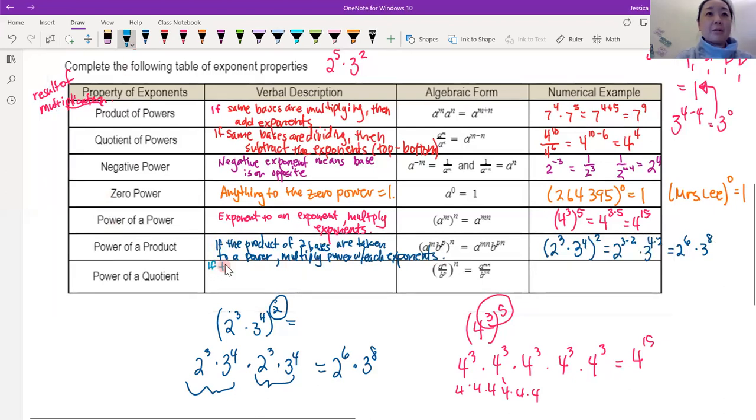So it's the same thing. If the quotient of 2 bases are taken to a power, then we're going to multiply.